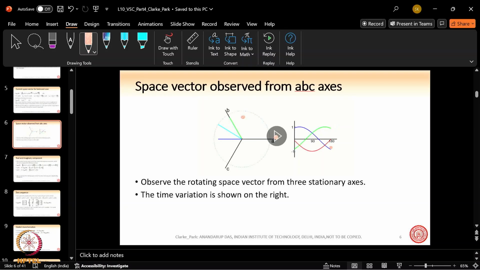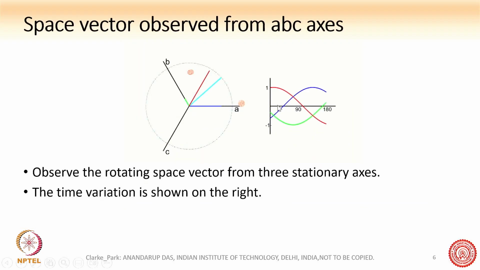So when you observe it from different reference frames, suppose you stand on the A axis, you are basically seeing what is the projection on this A axis, and you can see how much is the A phase projection and so on. So this is the space vector observed from the ABC axis.